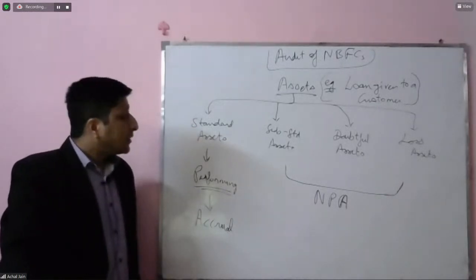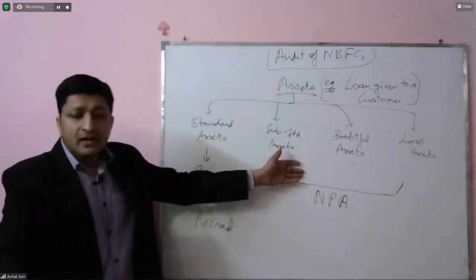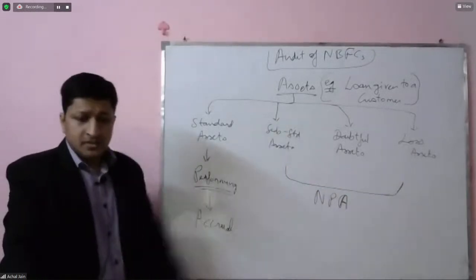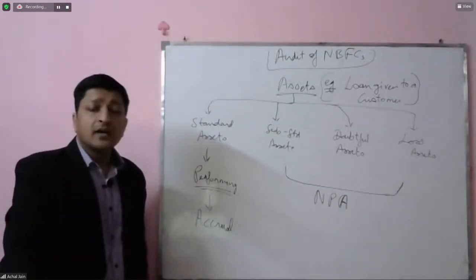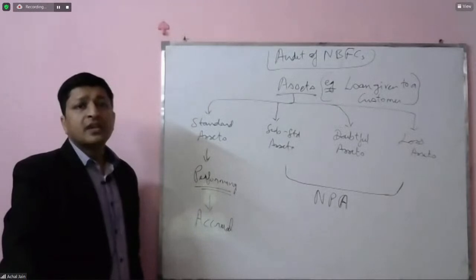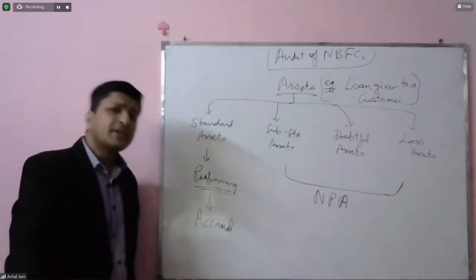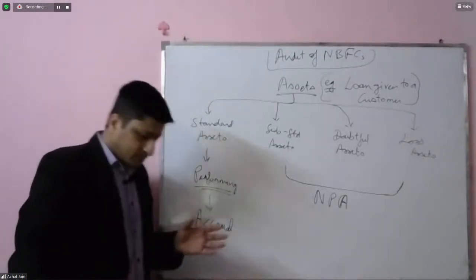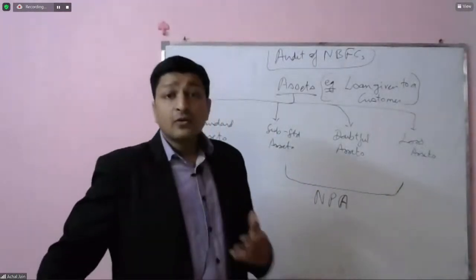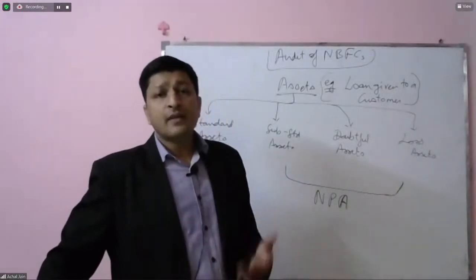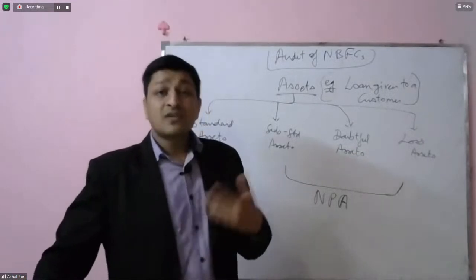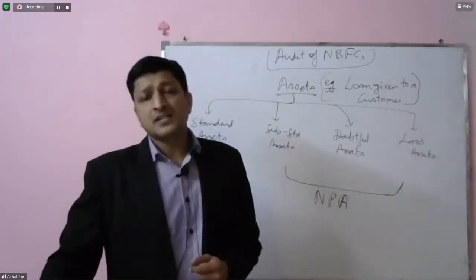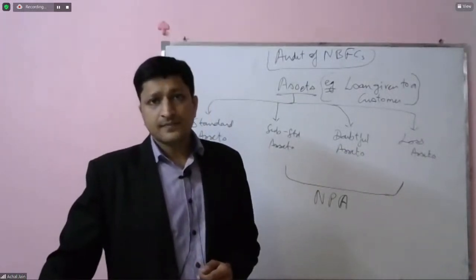But the moment an asset has become bad and it is becoming worse, there's a question mark in relation to recovery of the principal. Forget the interest, forget the income. We are not even sure whether we will be able to recover the principal. So what is the point of recognizing interest income in that case?